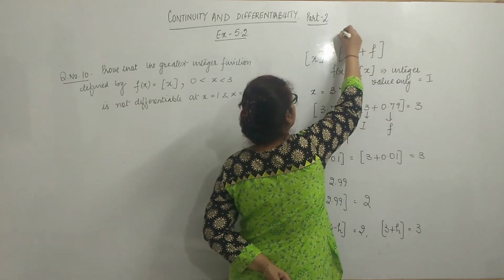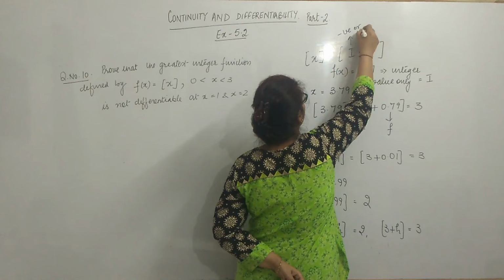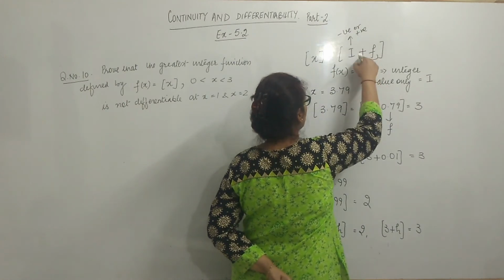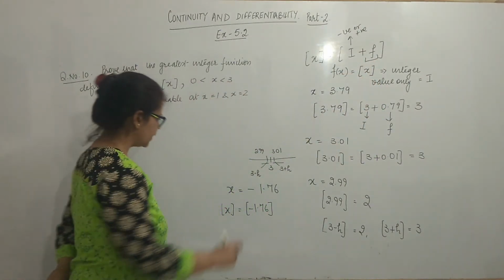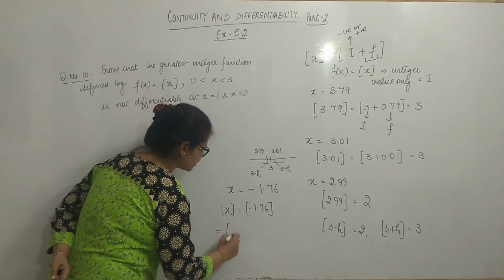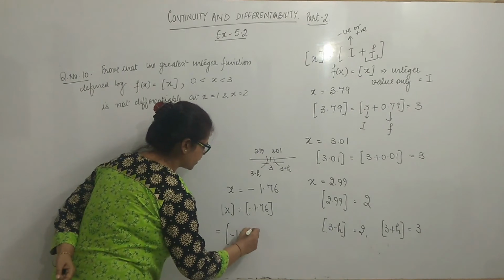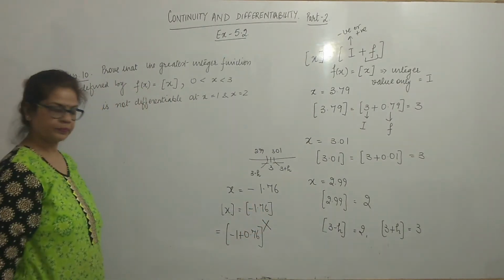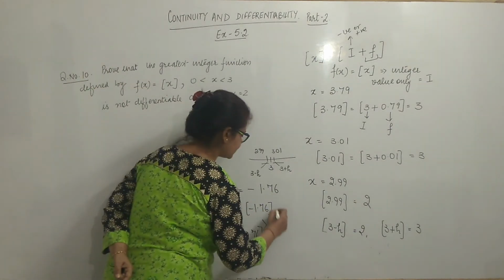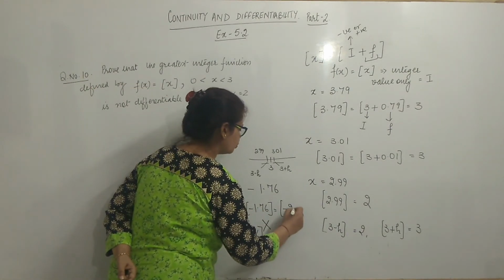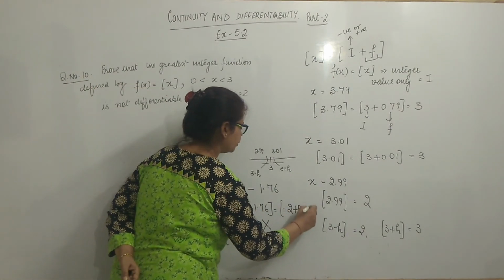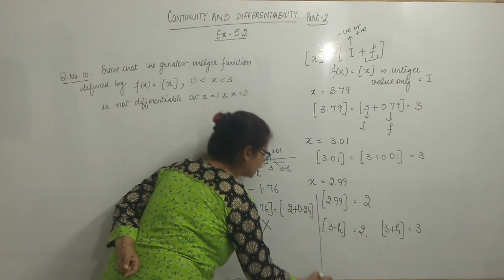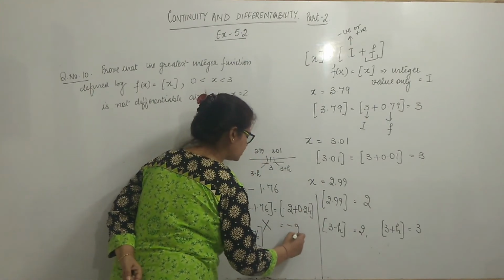Integer may be negative or positive, but this part is always positive. This cannot be written as minus 1 plus 0.76. This is wrong. This is written as minus 2 plus 0.24, right? And your integer value is minus 2.